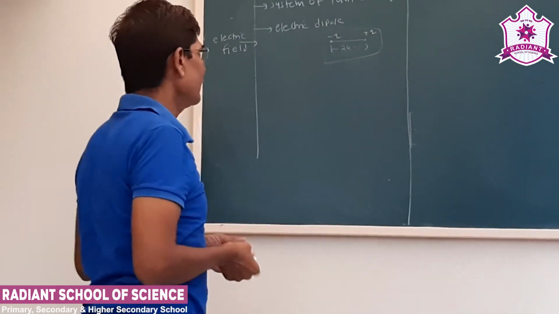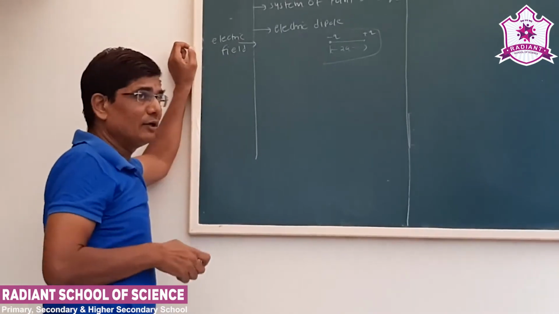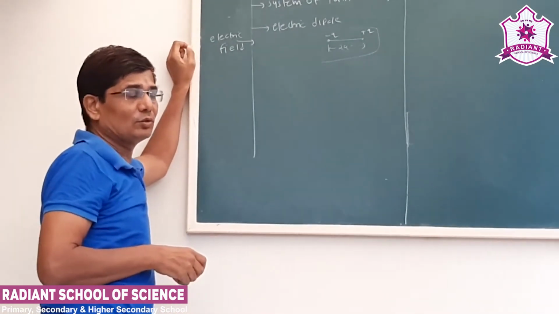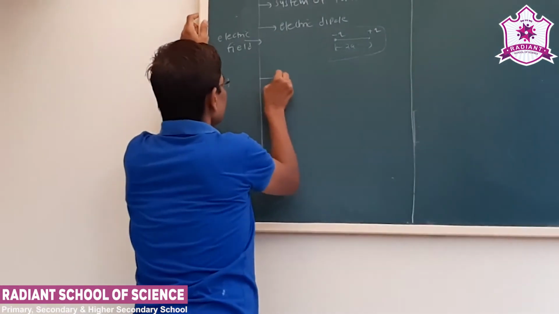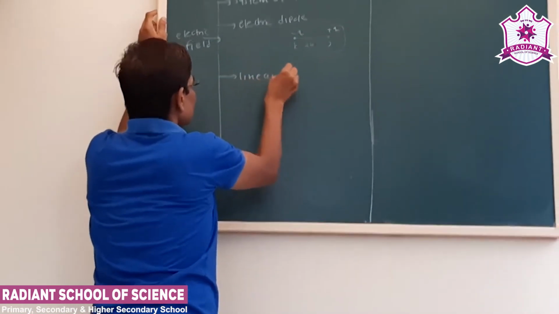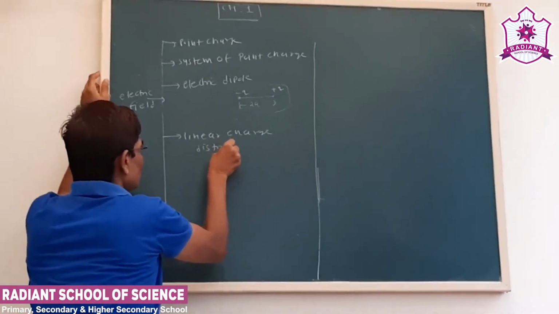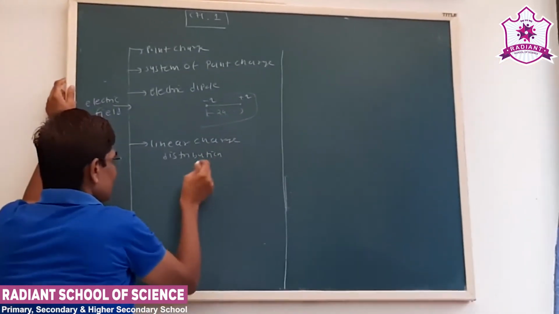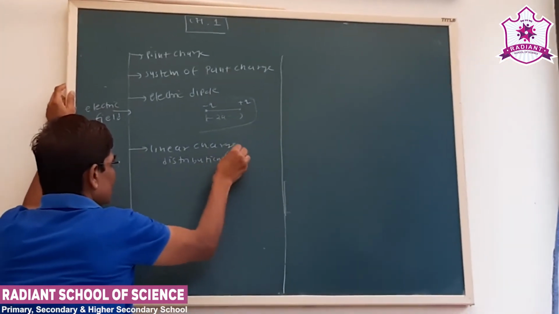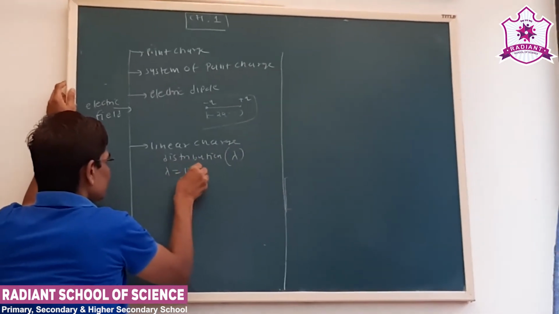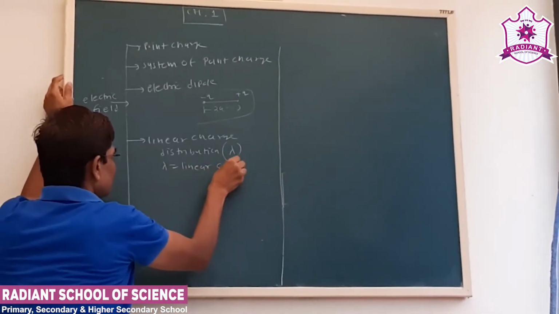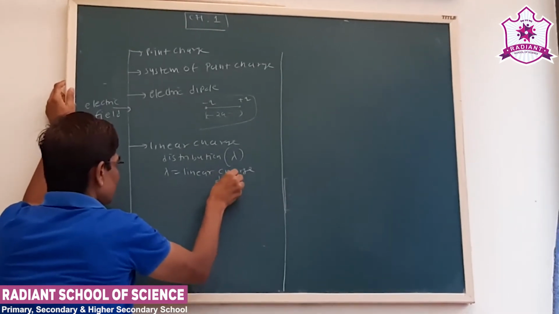Okay, then we have to see about linear charge distribution. It is denoted by lambda. Lambda is called linear charge density.